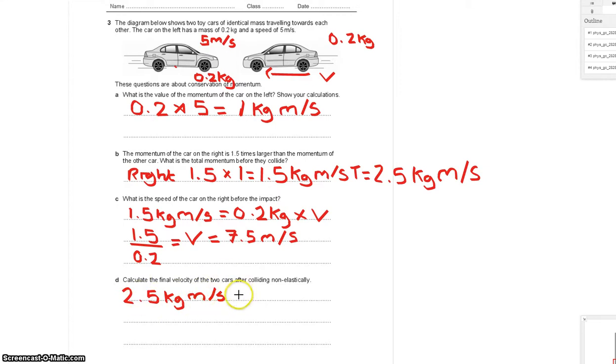Our momentum of both of them together is going to equal their mass, so 0.2 plus 0.2, so the total mass is 0.4, multiplied by this velocity v that we want to find. Then we rearrange this, so I move this under here like so. So 2.5 divided by 0.4, chuck that in your calculator and you should get 6.25 meters per second.